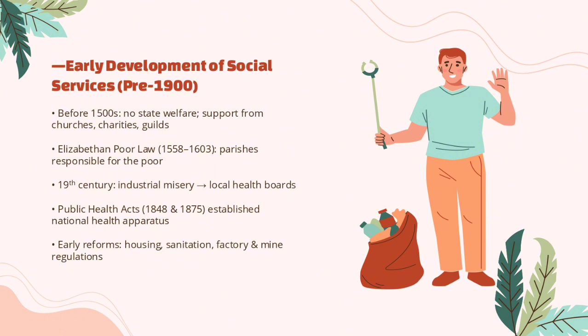During this period, reform also began in areas of housing, sanitation, factory conditions, and mining. So, even though it was not yet modern, the foundation began to take shape here.